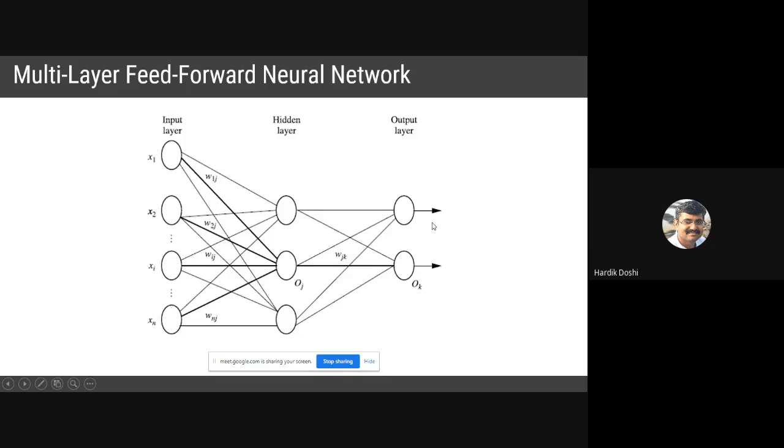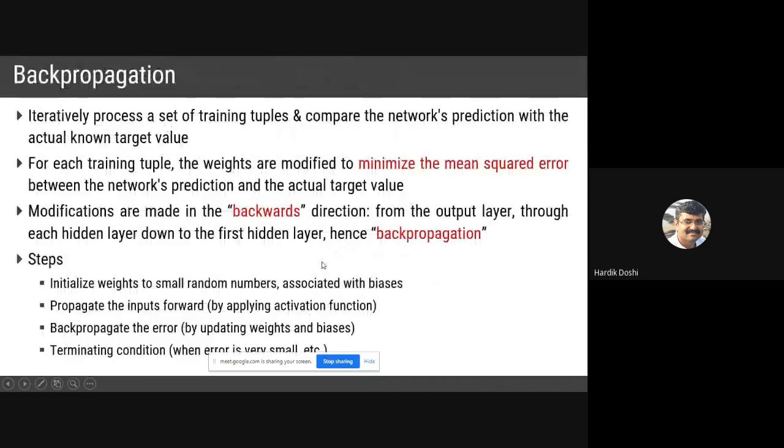Whatever differences are there will be reflected in my weights, to minimize the mean squared error between the network's prediction and the actual target value.